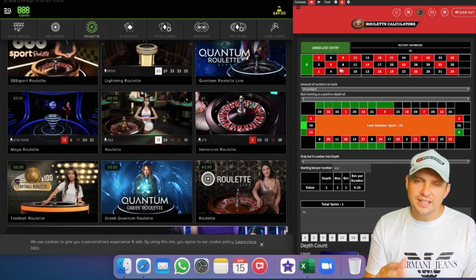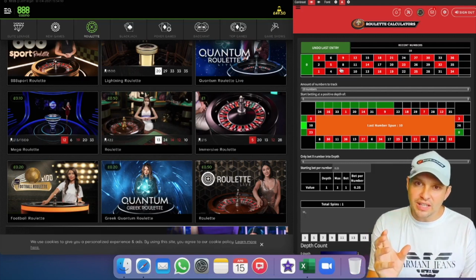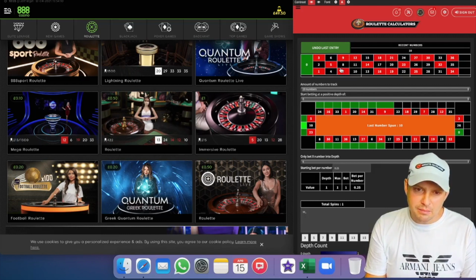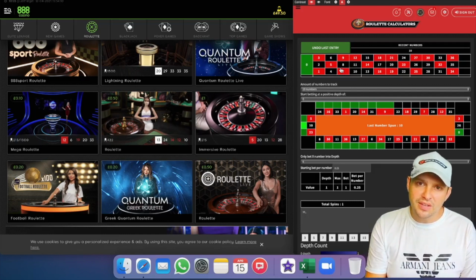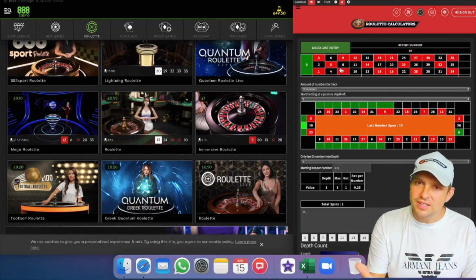As you can see with the area key, once you enter the number and we've got the settings at 19 numbers and we're betting at 0, you'll see it highlight on the table. The last number that I entered was number 10, so it's showing us 9 numbers to the left of that and 9 numbers to the right. That's what we would call the area key, or the positive.